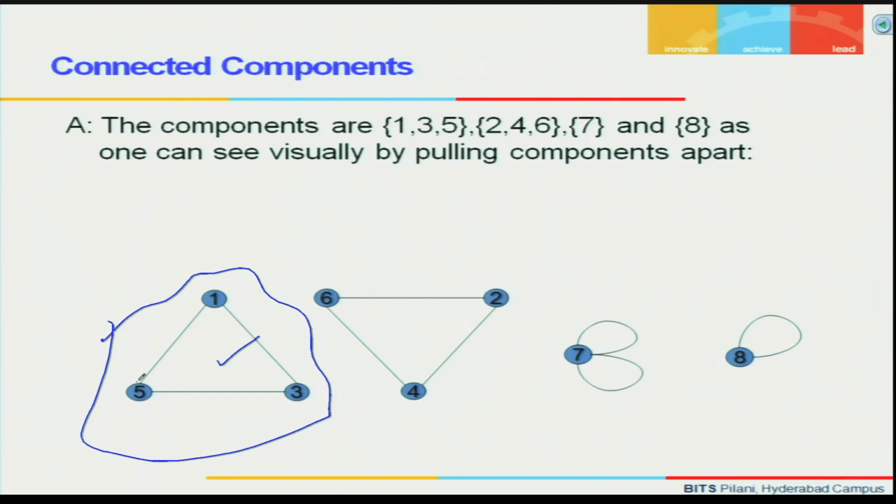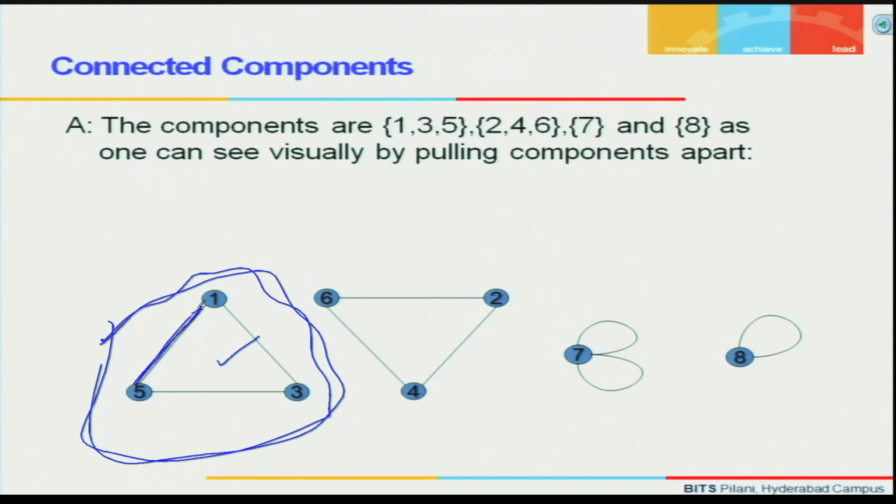Whereas if you consider only the subgraph {1, 5}, this is not a maximal connected subgraph, because {1, 5, 3} is containing the subgraph with vertices 1, 5, and this particular graph which is containing that is connected.